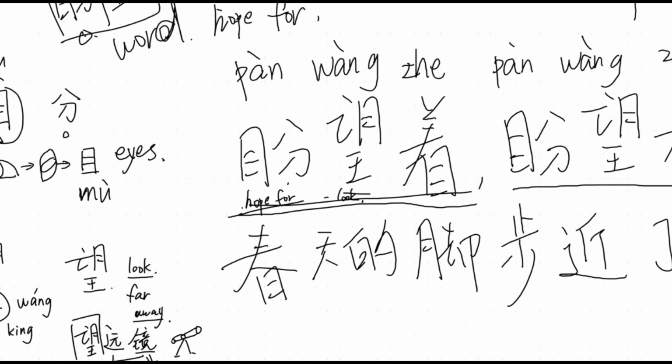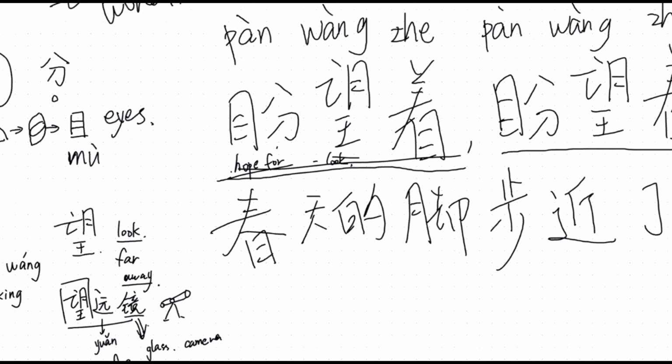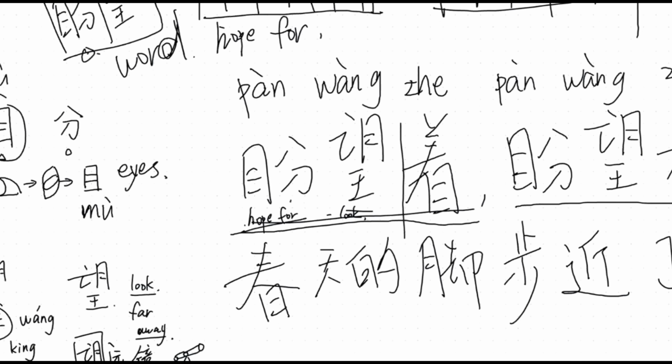So still a little confused, eh? So this character, when it's pronounced this way, it puts an action into the doing mode. Not just do, it's doing. It's going right now. So 盼望 means hope for. So add a 着, that means I'm hoping for.